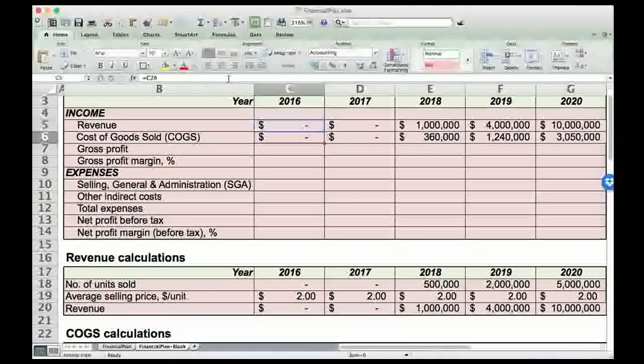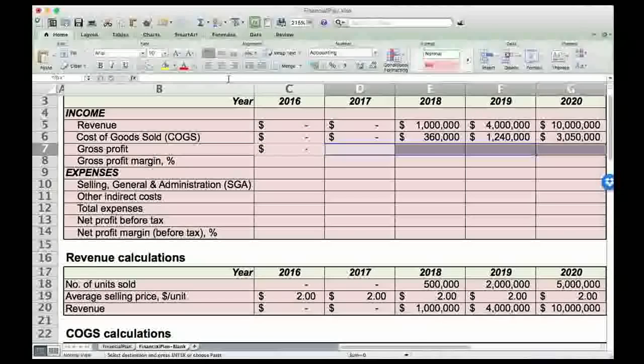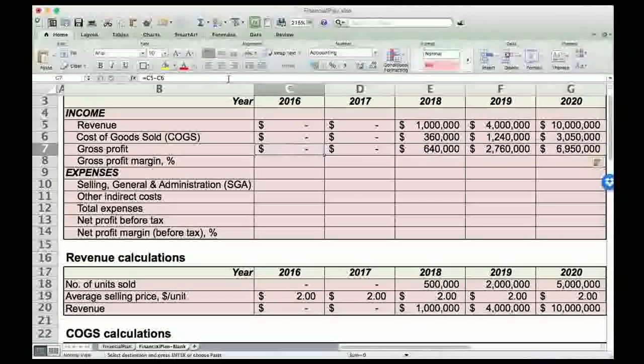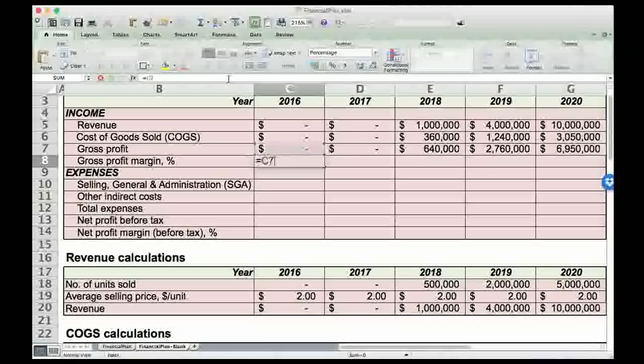So gross profit is revenue minus your cost of goods sold. And if you put that for different years, you would see that the gross profit is essentially increasing with your sales volume. And gross profit margin is gross profit divided by revenue.